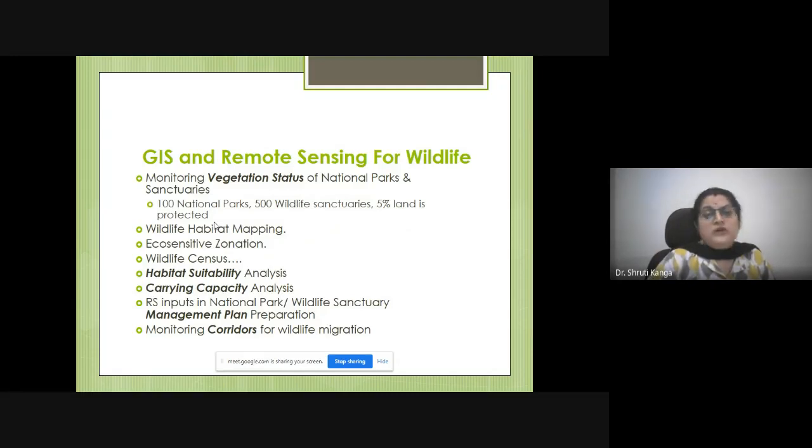Then we can go for wildlife habitat mapping, eco-sensitive zonations, the wildlife census, and we can also plan for the habitat suitability index, because nowadays in many studies you will find that human-habitat conflict cases are coming up because of the encroachment of humans into the habitat areas of different species.